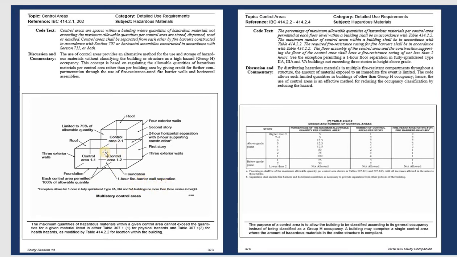Barrier wall separation between building to building, and the roof and the ceiling should be 1 hour separate for both buildings. This is the table. They let you know the design, the number of control areas, and how many hours for construction, how high from the building. So we go with the table chart like this.